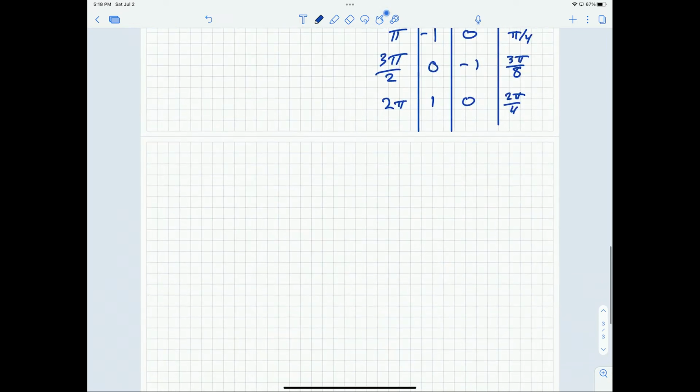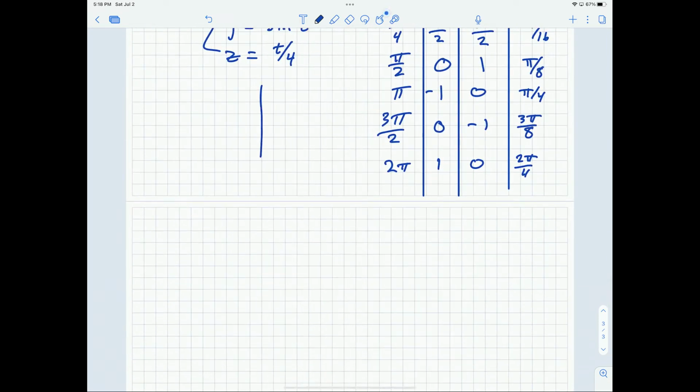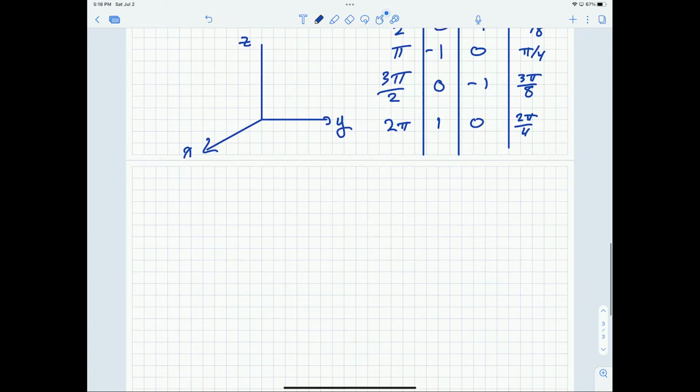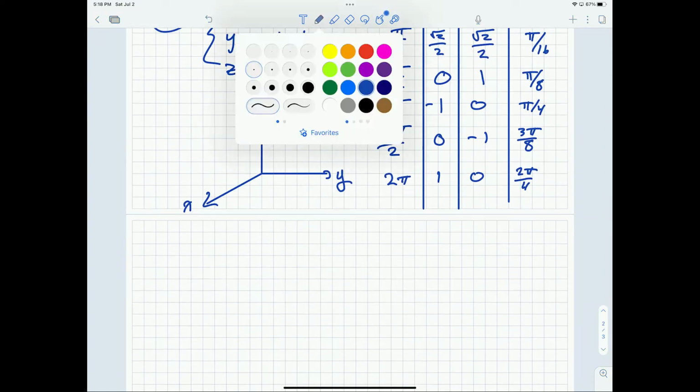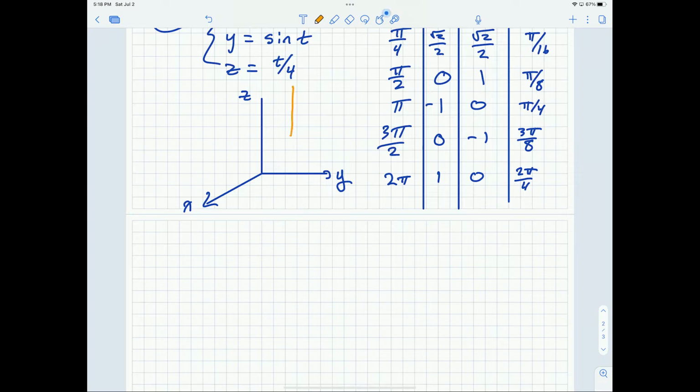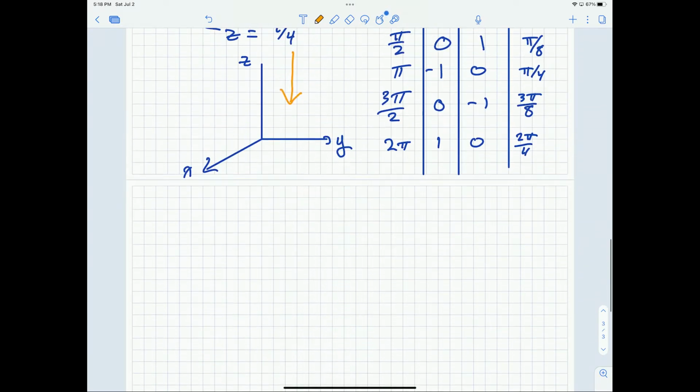And so what's going on here is if you take a set of 3D coordinates, right? You have x and you have y and you have z. Well, if you were looking down on it this way, you would see the x variable and the y variable, and you would see a set of axes like x, y, and it's going to be that same circle that we've already looked at, right?